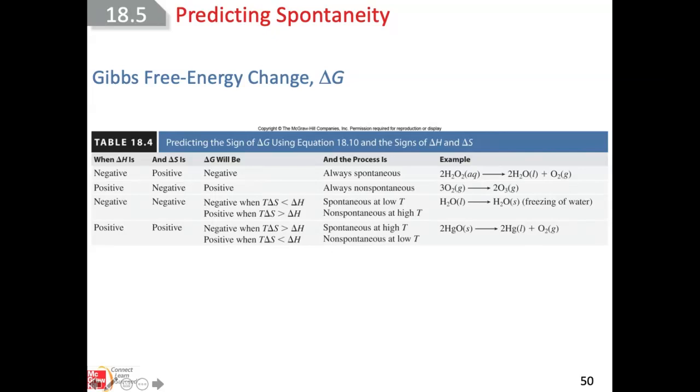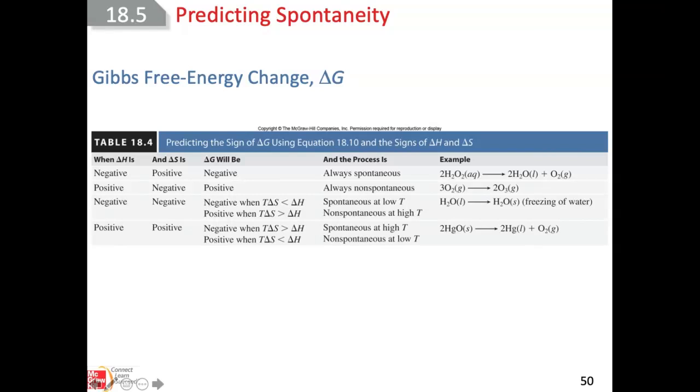Look at the first one. Delta H is negative, which means the reaction is exothermic. As a rule, most exothermic reactions are spontaneous. And when delta S is positive, the reaction should also be spontaneous. With those two components, negative and positive, the sign of delta G will always be negative, and that means this process will always be spontaneous.